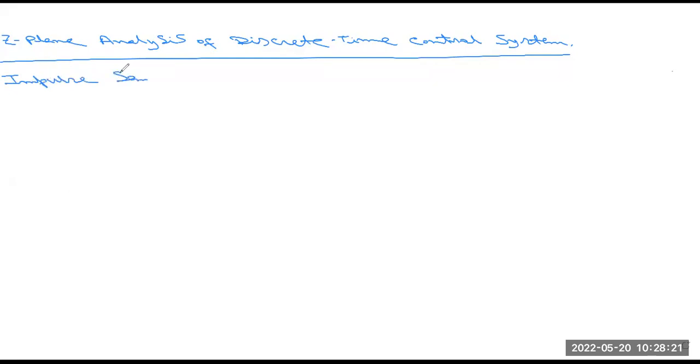Impulse sampling. So what is impulse sampling? This is basically one of the methods for continuous time signals. We know that x(t) is a continuous time signal.